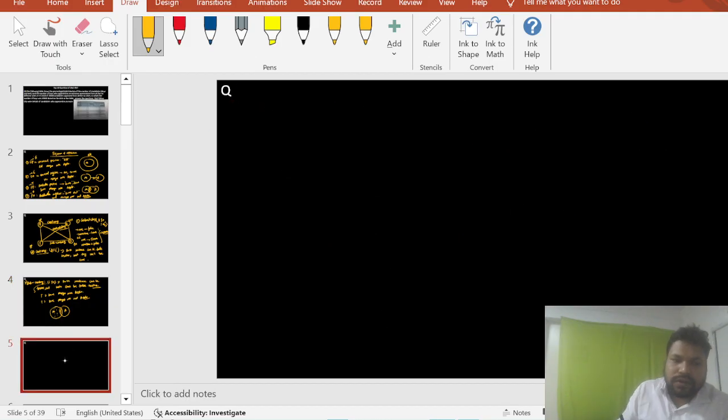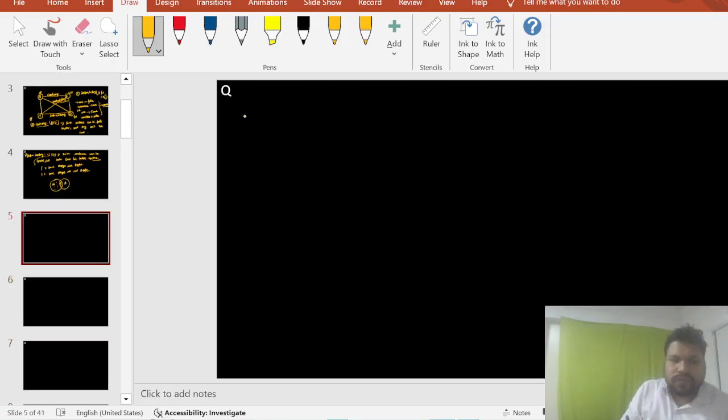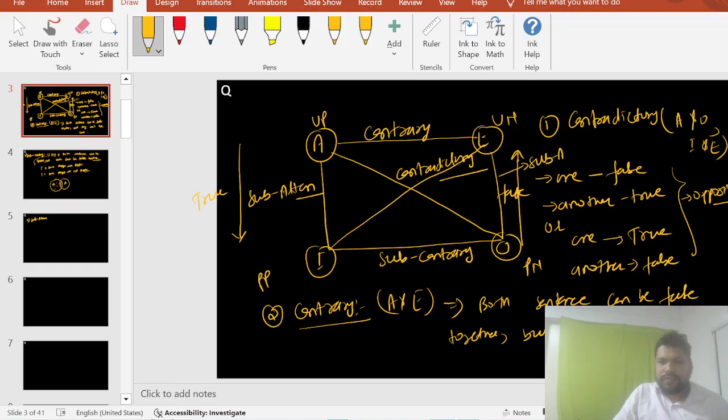Now the fourth one is called subaltern. Subaltern means this side. If you are going downward, it is true, and if you are going upward, it is false. This type of relation is called subaltern. Downward means going from A to I, that is possible.